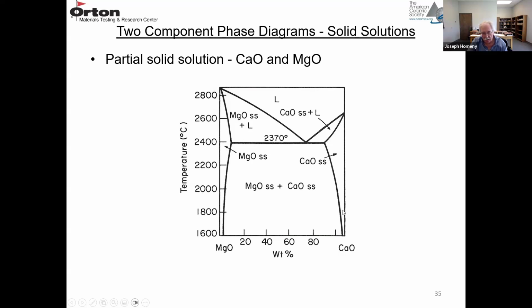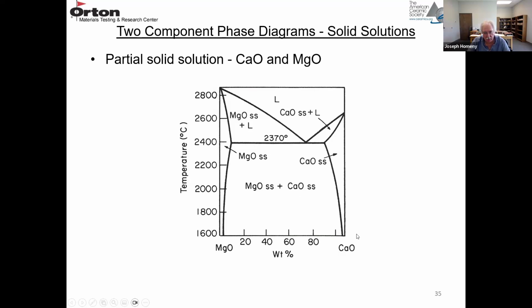And then this region here is CaO solid solution. There's a small amount of MgO dissolved in the CaO in this region. And then this large region in the center is your MgO solid solution plus CaO solid solution. So there's some Ca dissolved in MgO, and some MgO dissolved in CaO.